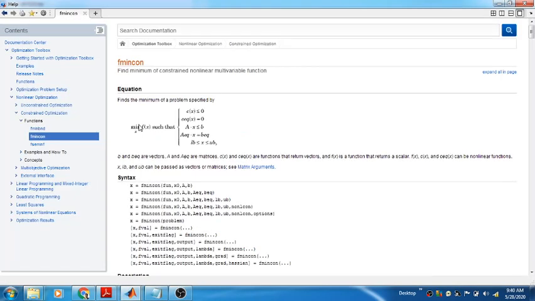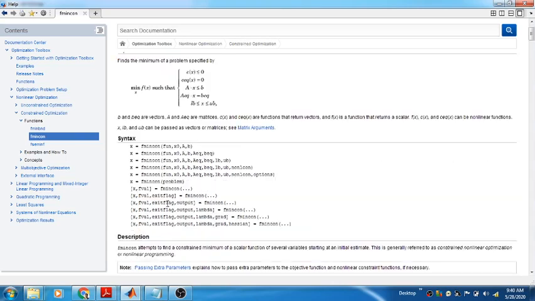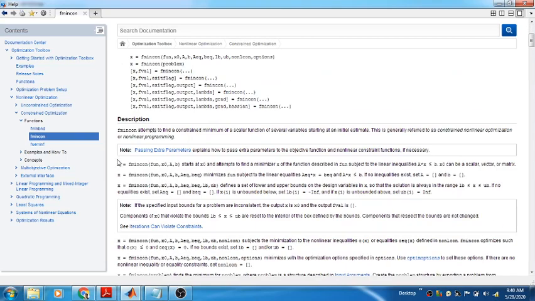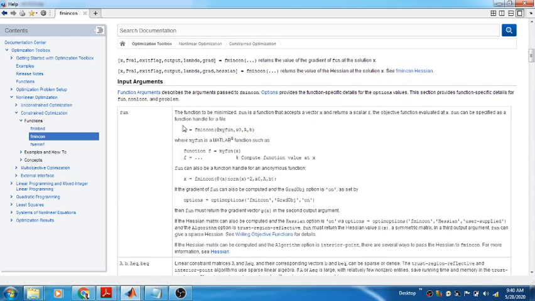So you will be getting lots of information from here. How we can write the syntax, what is the meaning of a and b, what is the meaning of aeq and beq, what is the lower value, and all these are given here. But I will tell you one by one the meaning. It is beautifully written here. You can go through one by one.